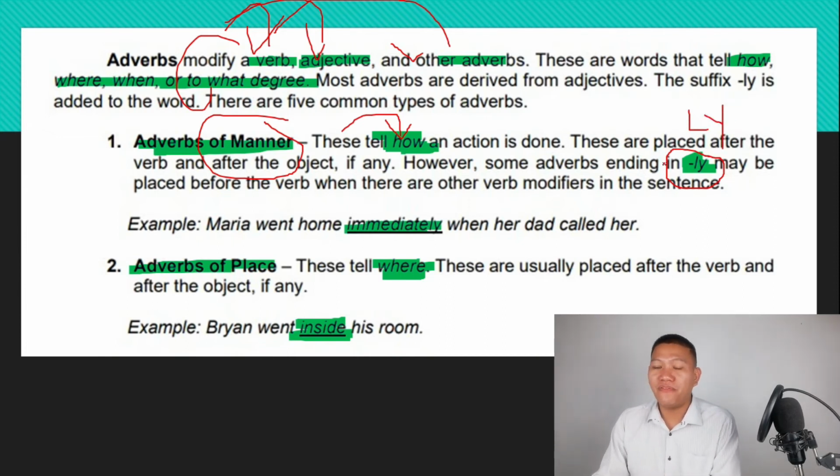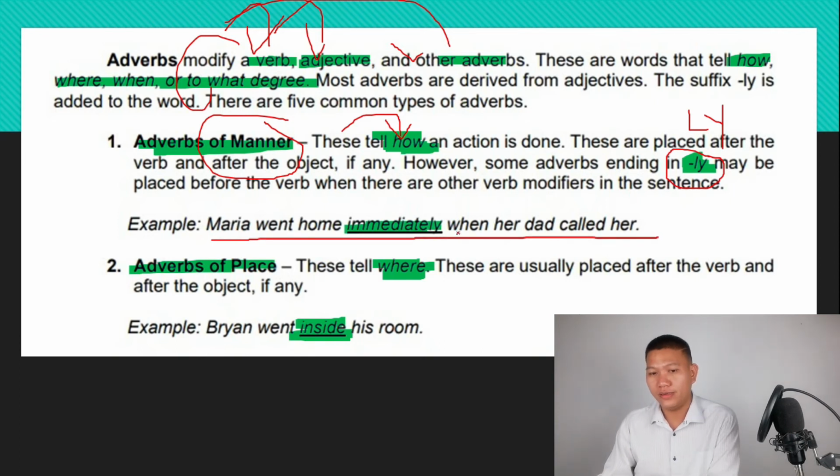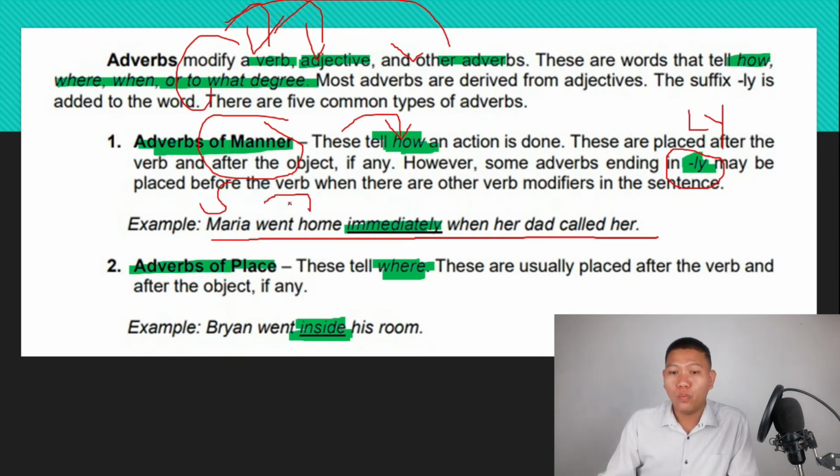And they may be placed before the verb and when there are other verb modifiers in the sentence. Example, Maria went home immediately when her dad called her. Okay. Maria is the subject. What did she do? She went home. Okay? The action is going home. Went home. How did she go home? Immediately. So it answers the question how.